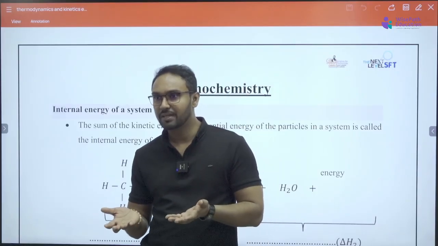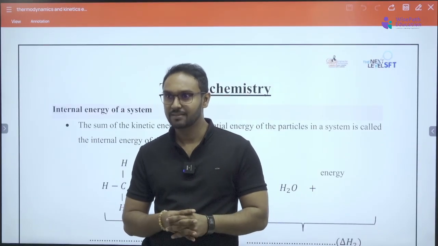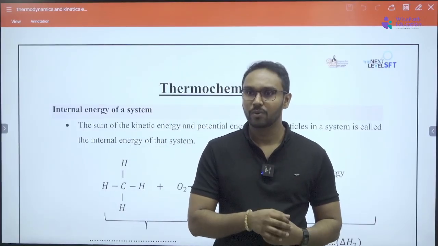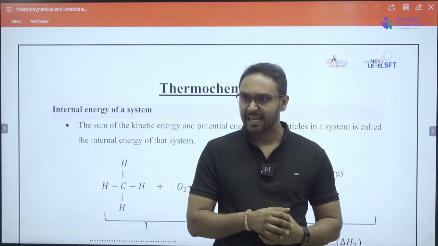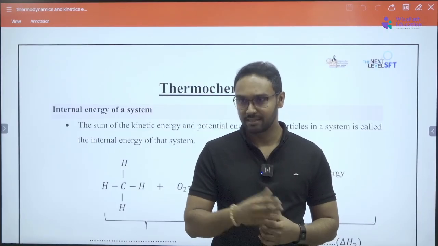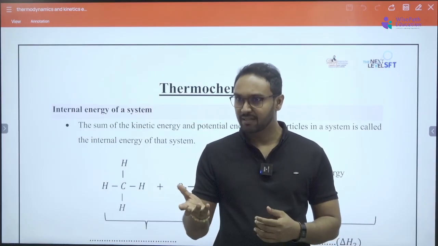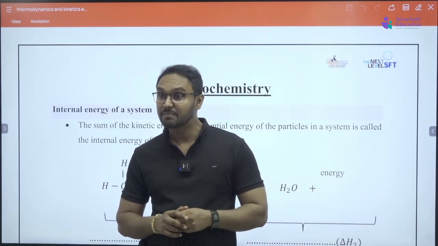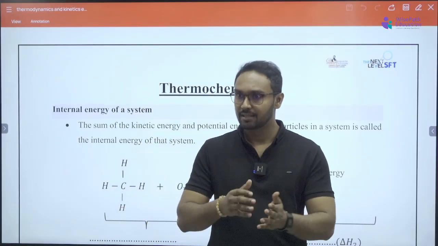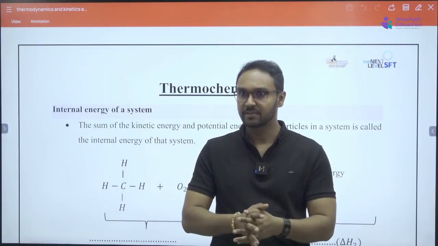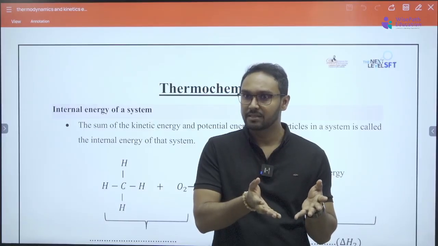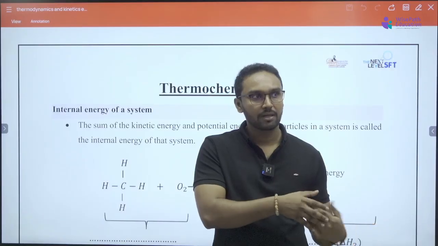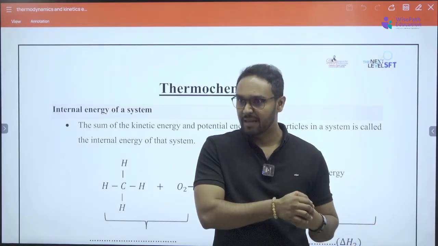The petrol had that much energy inside of it, and we took it out. How? By reacting it with oxygen. That is combustion, isn't it? With the combustion the energy was released, the energy that was contained inside the petrol came out with the reaction.